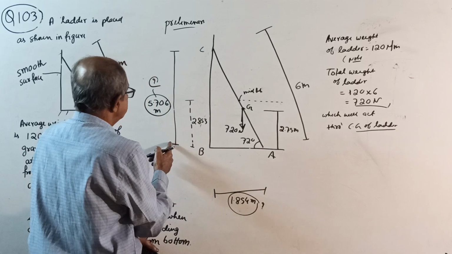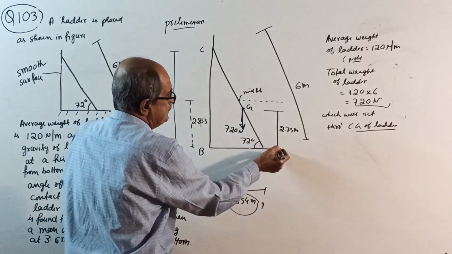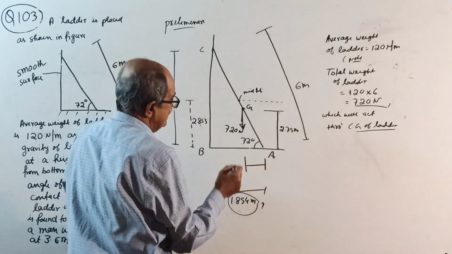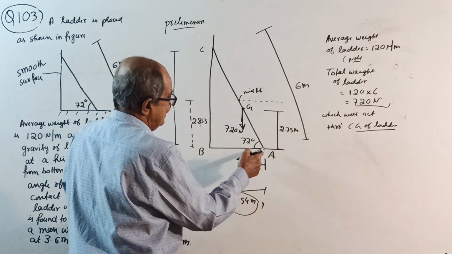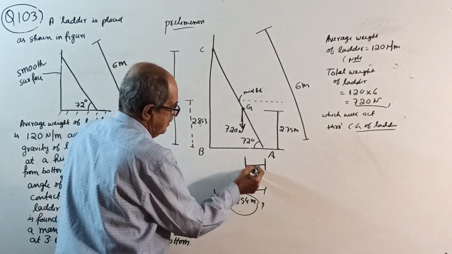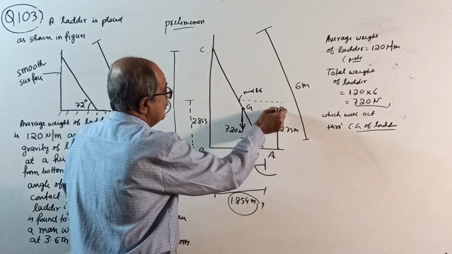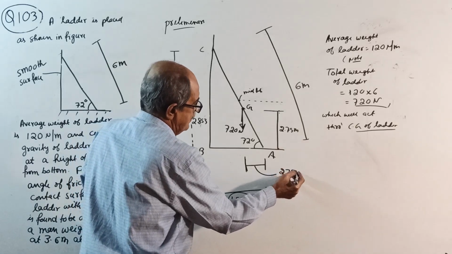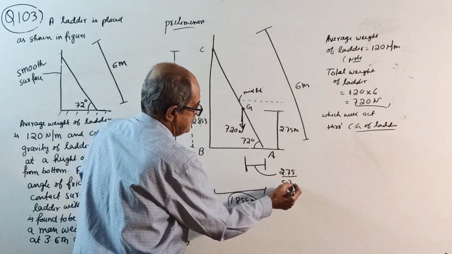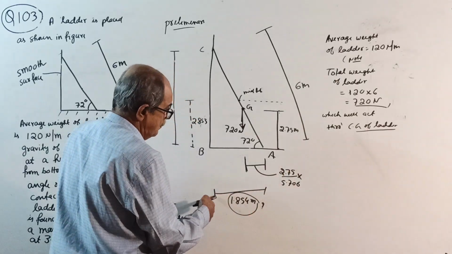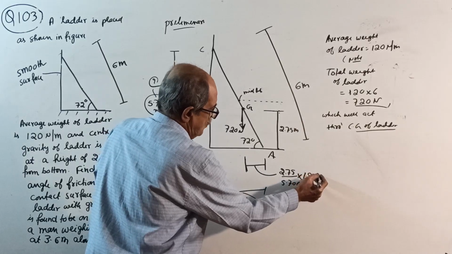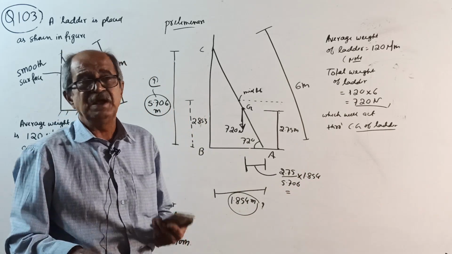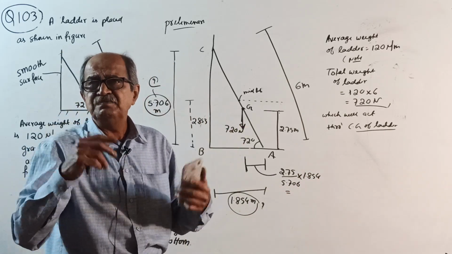2.75 meter with respect to this height. If this height is 2.75 meter, then if you project here, this distance, later when you want to take moment about point A, will become 2.75 out of 5.706 into 1.854. I will explain all this later, either in this ladder chapter, the friction chapter, or in a general mathematical background.